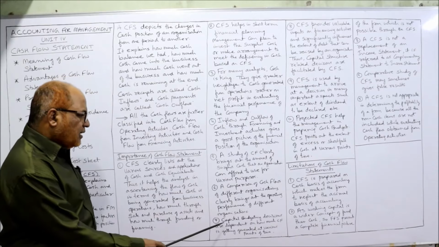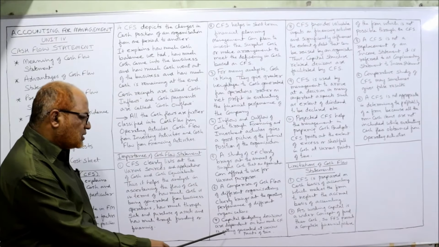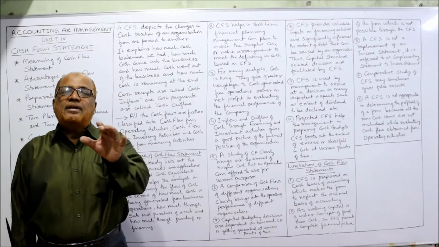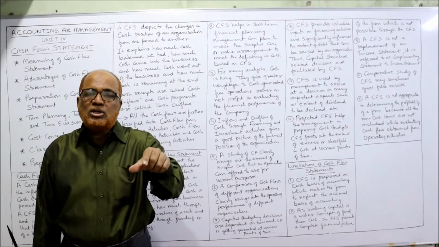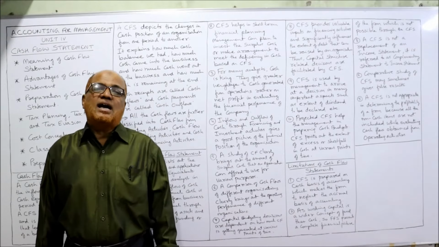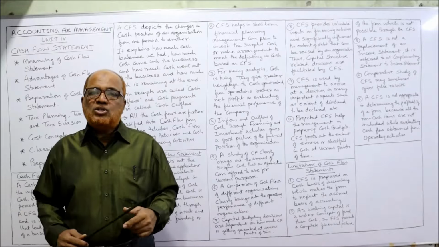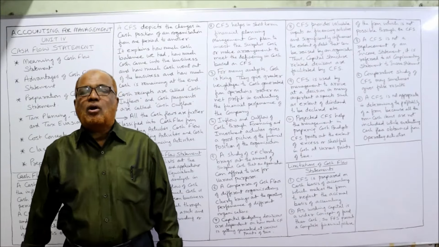Next one is capital budgeting decisions are dependent on how much cash flow is getting generated at various points of time. Capital budgeting decision is a decision to purchase or not fixed assets like machinery or building or furniture, whether the business should invest in a capital asset or not.